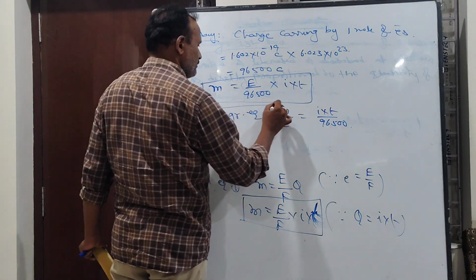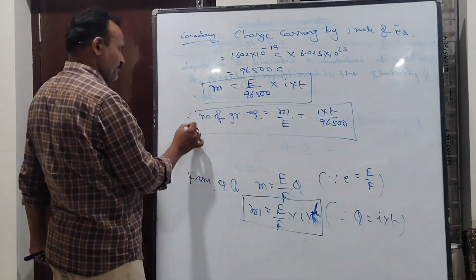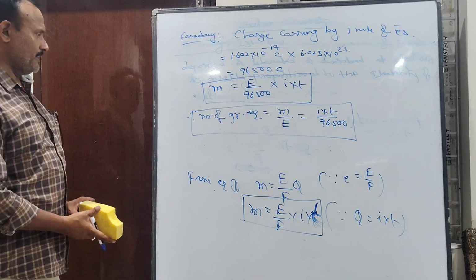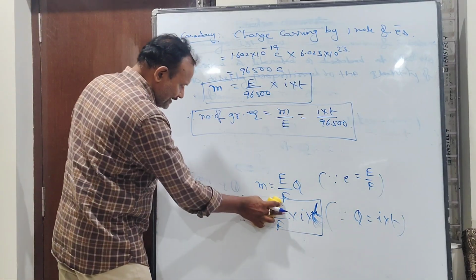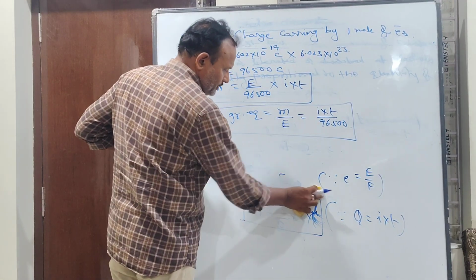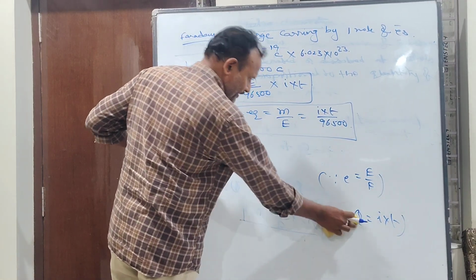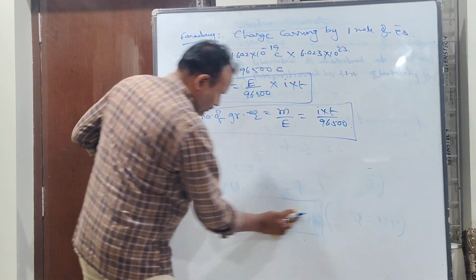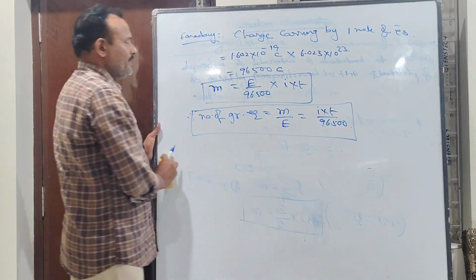This is also another formula to calculate the number of gram equivalents. This is Faraday's first law. Okay, clear? So understood or not? Say yes or no. Okay, fine. Right. Now, this is Faraday's first law.